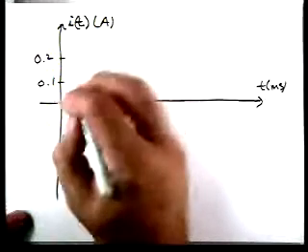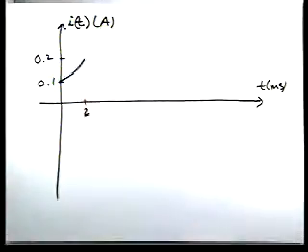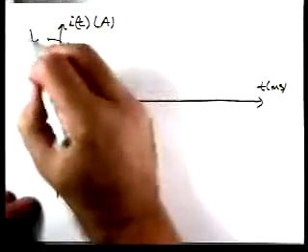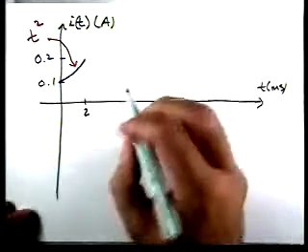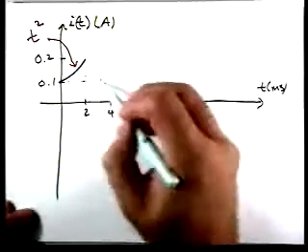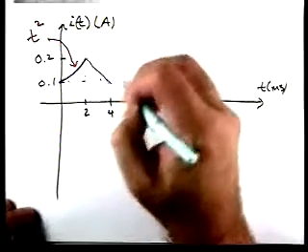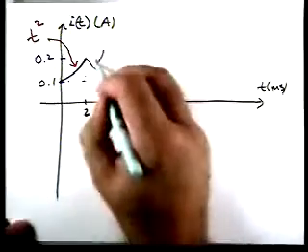This is a parabolic type waveform, like a t-squared type. Then at 4 milliseconds, it has come back linearly to 0.1. So this is linear.